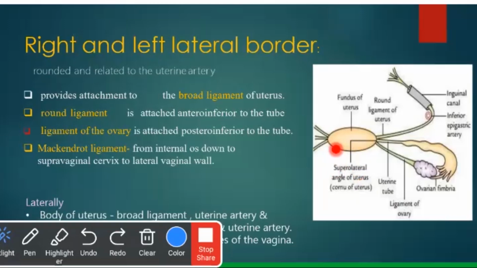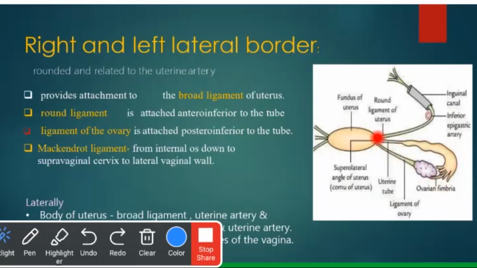So this is the uterus. You can see here the round ligament of the uterus. This is the uterus and uterine tube, which continues to the ovary. This is the superior view. Here you can see the fundus of the uterus, uterine tubes and ovaries. These are the reproductive organs.